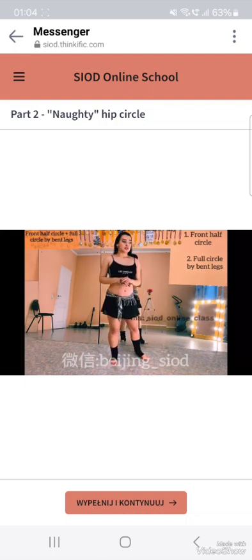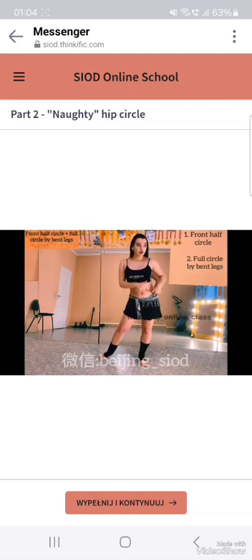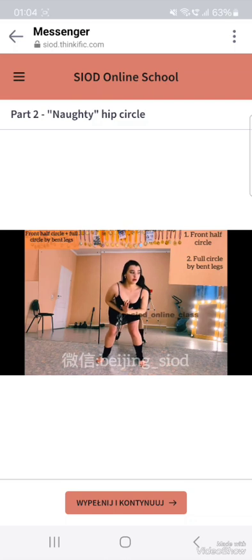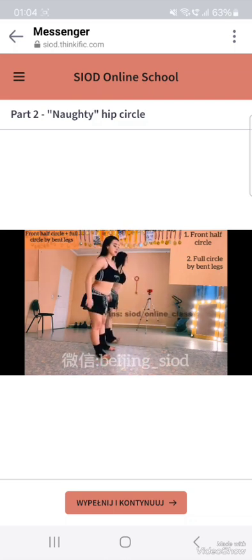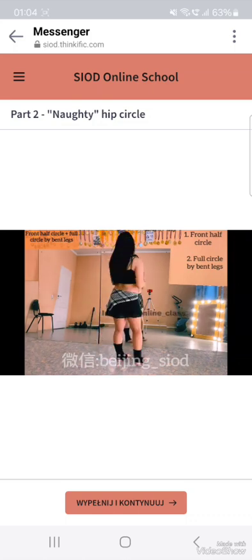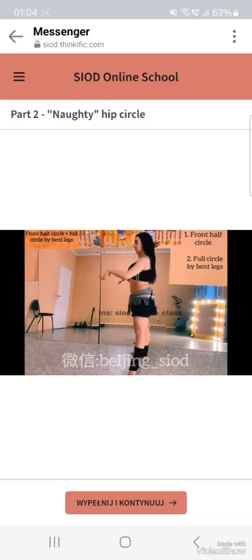Here are mixed two movements. First is a half circle to the front with straight legs, and then the big hip circle from the first part of the video going down. Move hips to the back and sit down and make your knees soft. I will show it from the side.